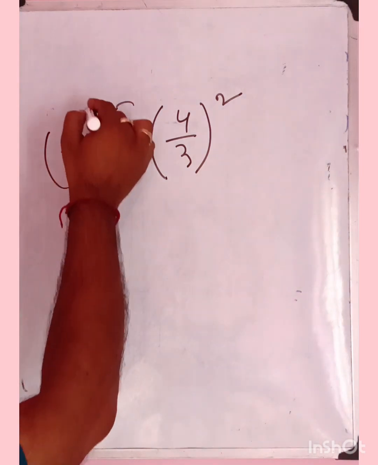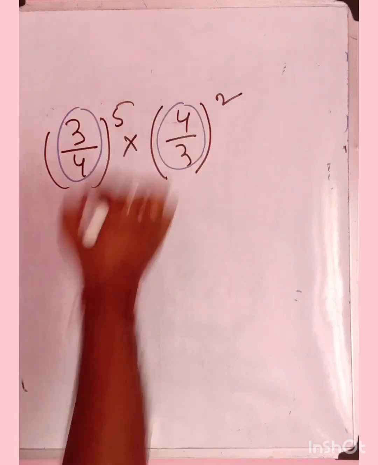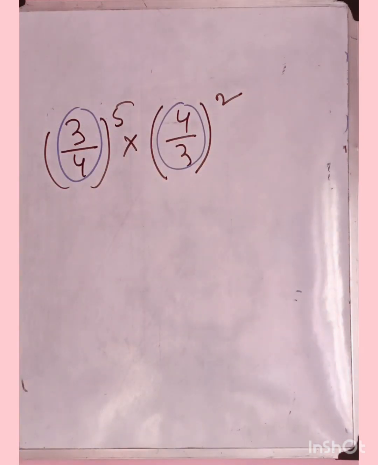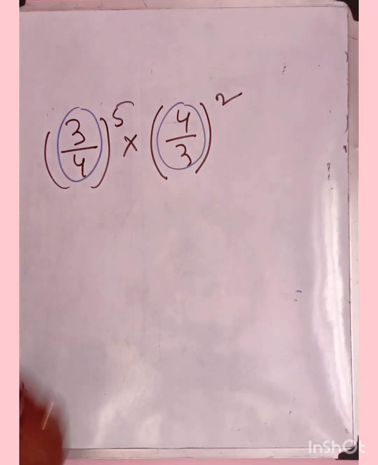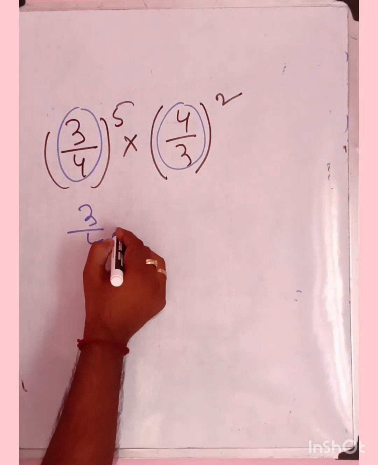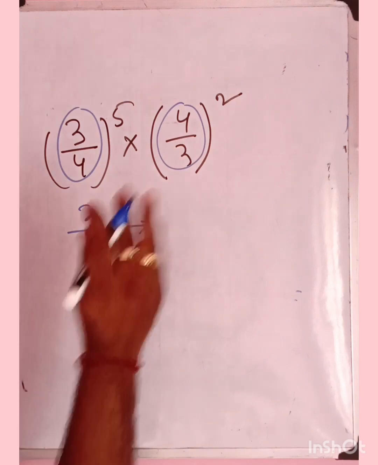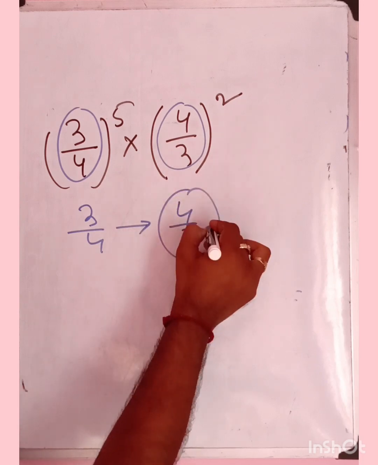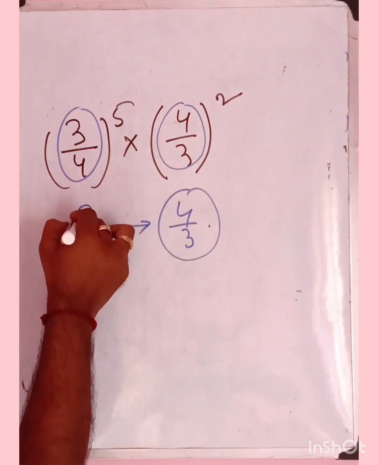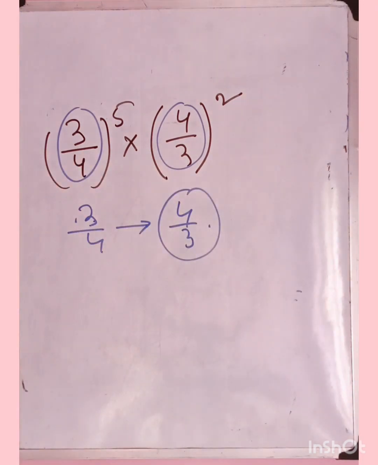What is the similarity between 3 by 4 and 4 by 3? It is a reciprocal. If a number is altered upside down, this is called the reciprocal of this and this is the reciprocal of this. Okay?